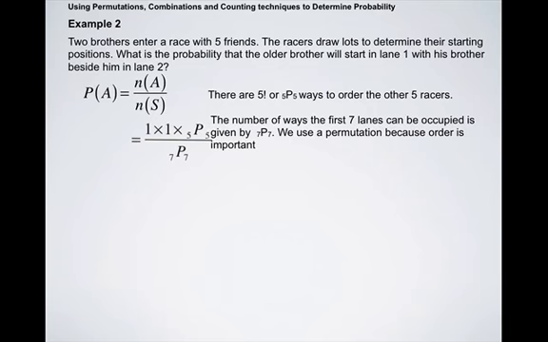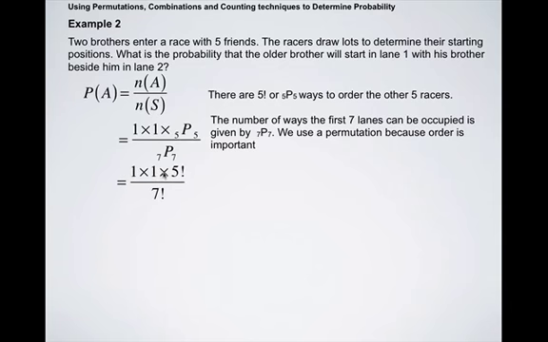And here, this is going to be equal to 1 times 1 times, and this is the number of ways that the older brother can start in lane 1, times the number of ways that the younger brother can start in lane 2, times the number of ways that the 5 other racers can be assigned the 5 lanes, divided by the permutation of 7 choose 7, which is the number of ways that 7 racers can be ordered in those 7 lanes.